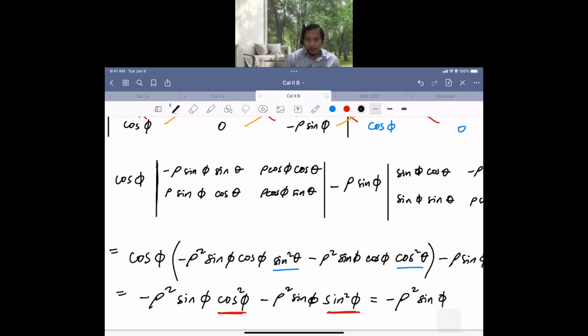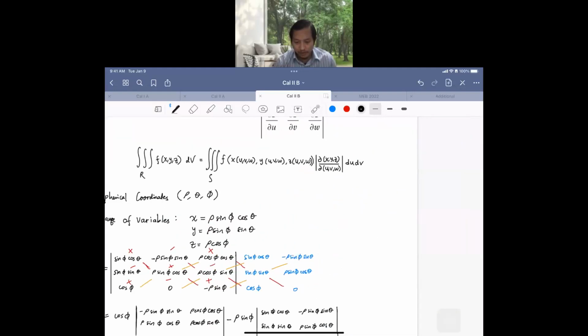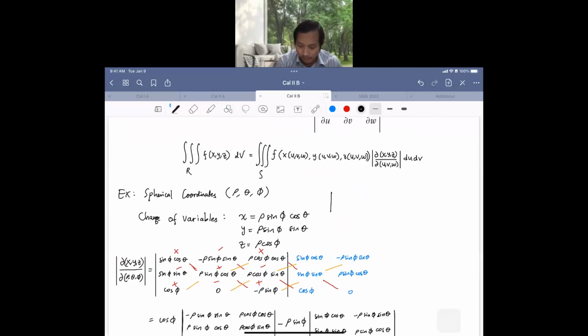And therefore, our Jacobian for the spherical coordinates is negative ρ squared sine psi, or we could simply write ρ squared sine psi.